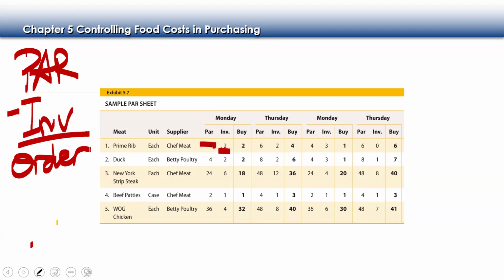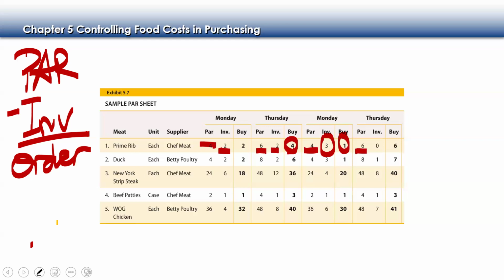So then I have my par for Thursday is 6. In inventory, I have 2, so I'm going to order 4 in this case. My par is 4 for Monday. Maybe my weekend wasn't as busy as I thought it was going to be, and I have an extra one on hand. So that means I'm only going to order 1 to get me up to my 4.